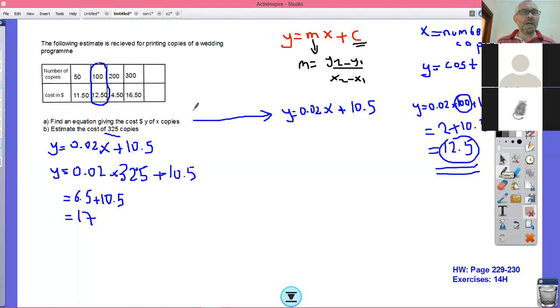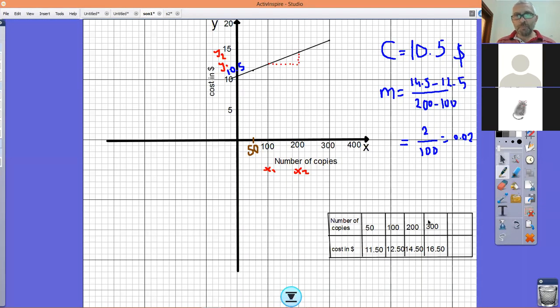Now here is how I plot the graph. Let's go back. I have a table: number of copies, cost in dollars. Did you see that one? Yes. What I did here, I put 50 and 11.50.